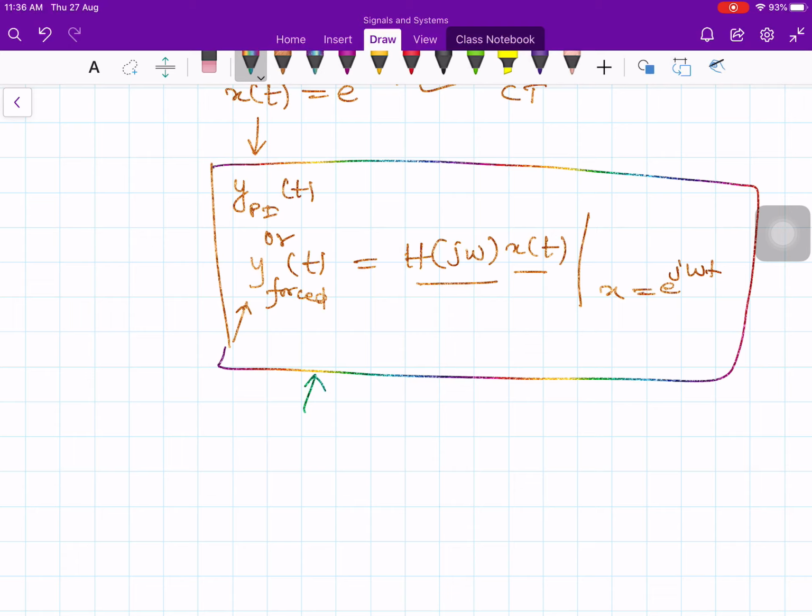forced response y of n is equal to b2 times z square plus, by the way, this z is small letter, okay. Sometimes I am changing the notation, please don't mind.